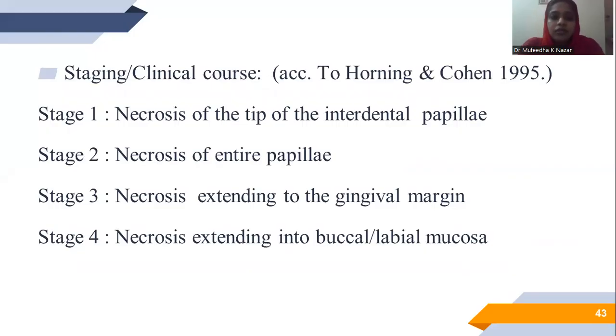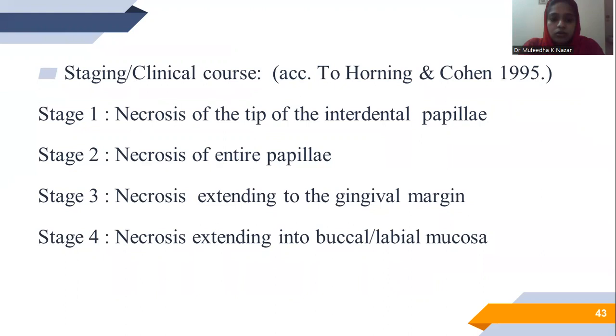Now we can see the staging, or the clinical course, of ANUG. There are 7 stages for acute necrotizing ulcerative gingivitis. Stage 1 is necrosis of the tip of the interdental papillae. Stage 2, necrosis of the entire papilla. Stage 3, necrosis extending to the gingival margin.